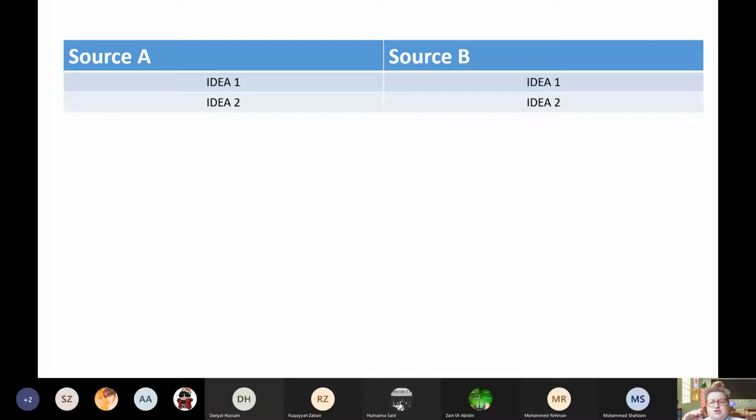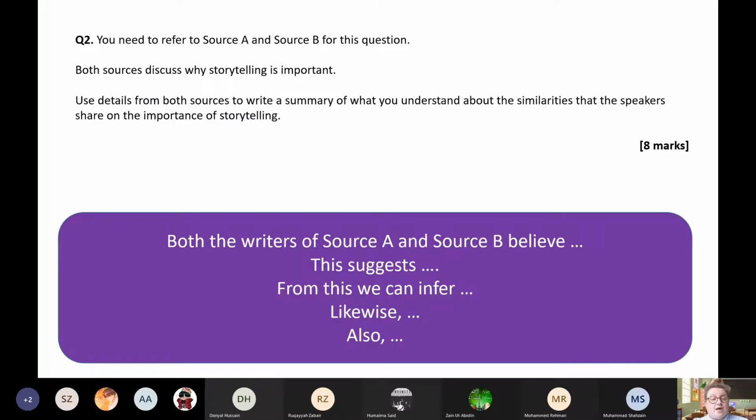So what you need to do, again, I would suggest that you spend a few minutes planning this question before you write it. And you may find that some of this planning will support you when it comes to question 4 as well. So I'm going to come back to that planning in just a moment. You need to think about how you move between the texts here.